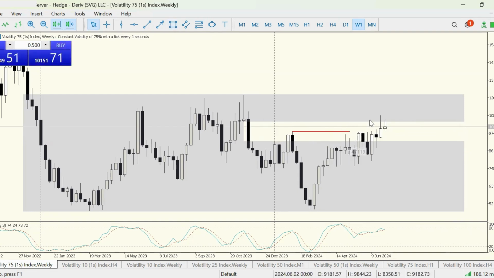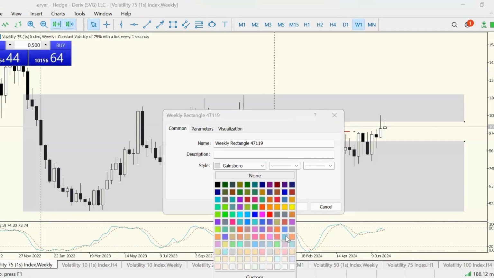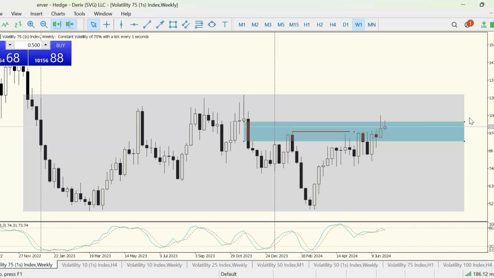So liquidity was raided, tapping into an order block. I really don't prefer using order blocks when I'm doing my analysis. They work here and there. Actually, they work if you use them in a proper way, but I don't like trading them.